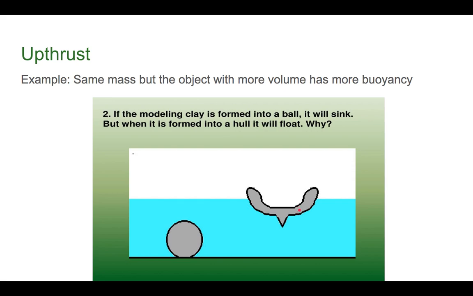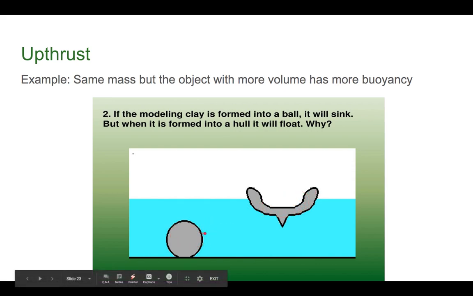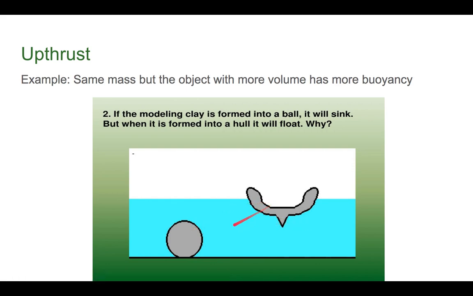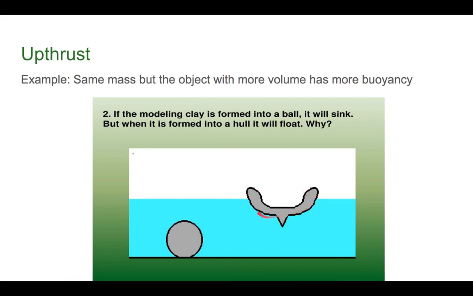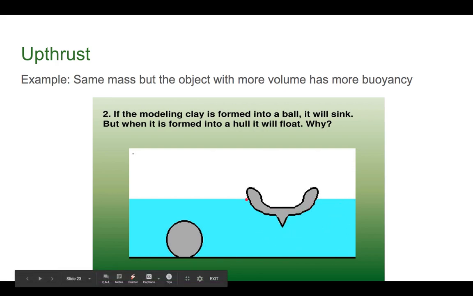Well, it's because when it's in the shape of a boat or the shape of a hull, it moves or displaces more water than the ball. So even though they weigh the same and have the same mass, this object has more volume because it takes up more space and moves or displaces more water.